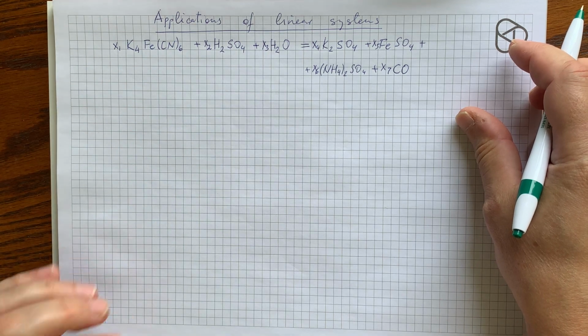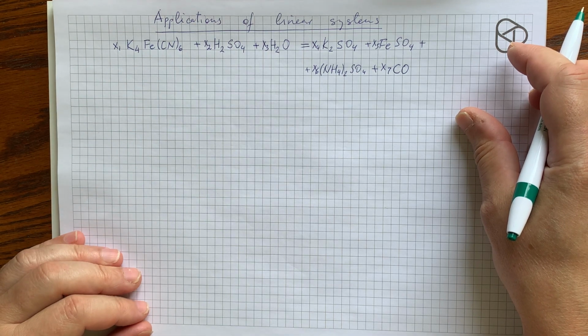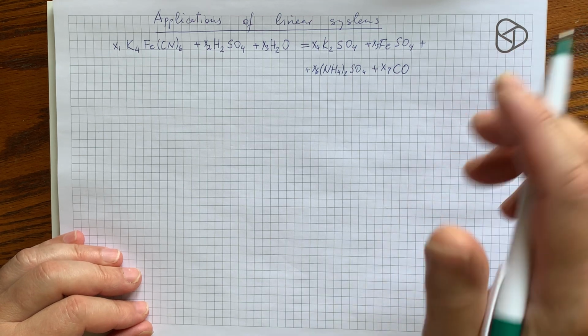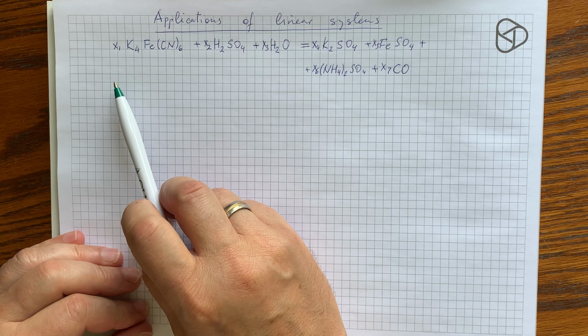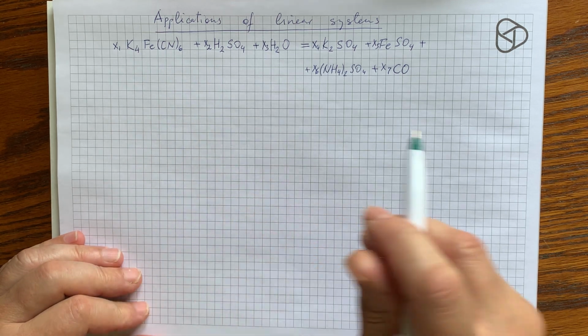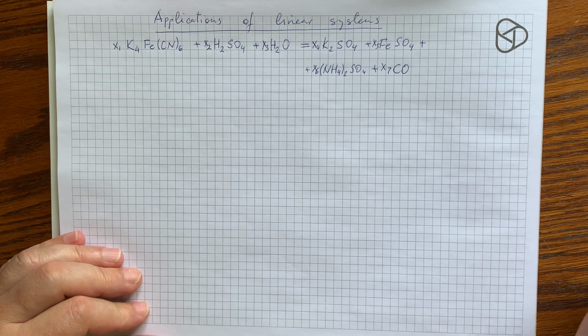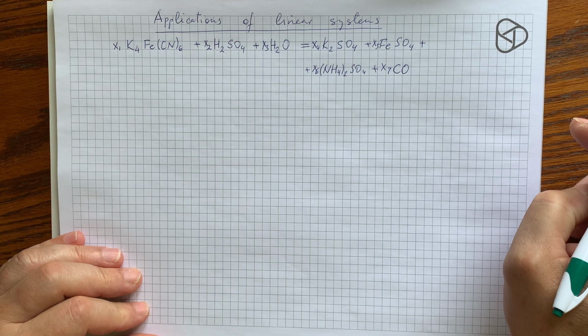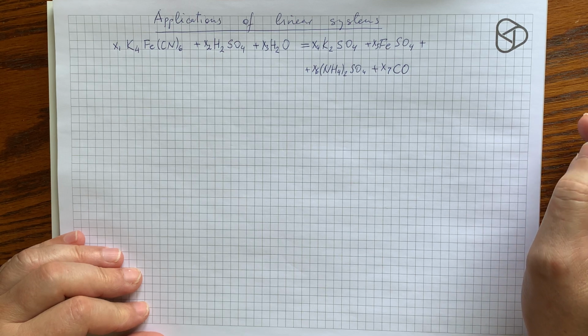And the balancing will go through each of the chemical elements involved in those compounds and those reagents, and we will have as many equations as elements. So for most of the elements, the equations will be rather easy.